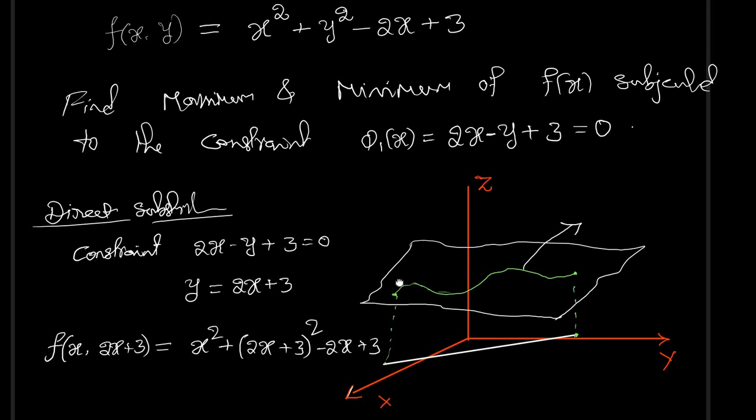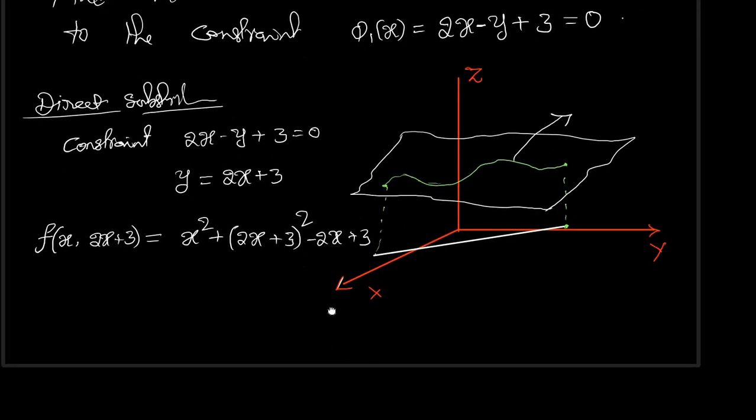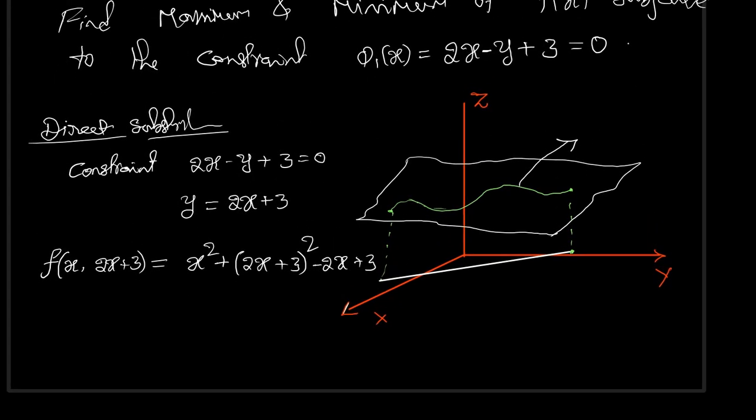So I simply substituted y, that is 2x plus 3. Now f totally became a function of x alone.